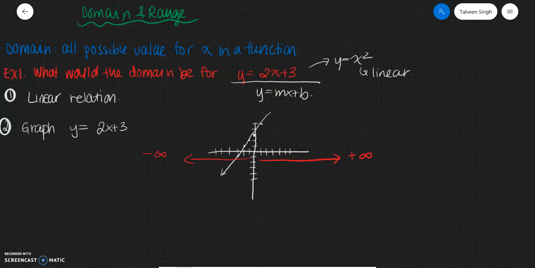If you look at these values, this graph can continue forever and ever and ever in this direction, which means that it can continue forever and ever in the positive infinity direction, and it can continue forever and ever in the negative infinity direction as well, which means that in this situation, x can be any number from negative infinity to positive infinity.